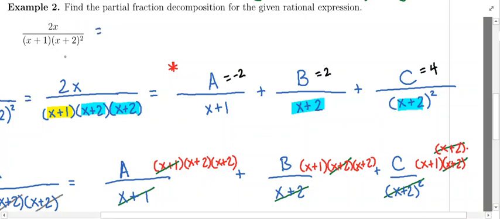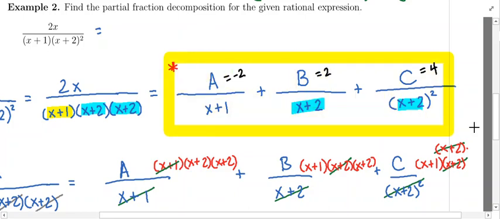Again, our goal was to take this original fraction, 2x over x plus 1 times x plus 2 squared, and write it as separate, simpler fractions that we are adding together. So follow the recipe that we have right here, and I'll even put it in the box. This is the guy we're looking at.